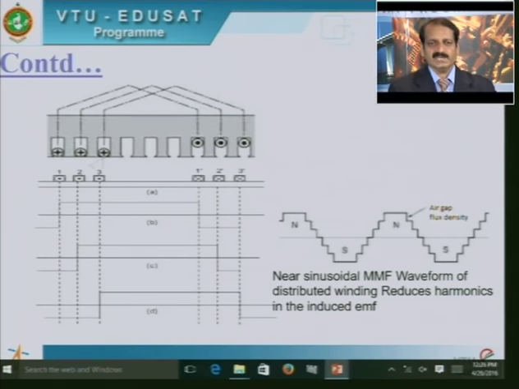If the induced EMF departs from sinusoidal, we say that harmonics are present in the induced EMF. But since this stepped waveform, because of distribution, is approaching very near to sinusoidal, we say that harmonics are reduced because of distribution of windings.